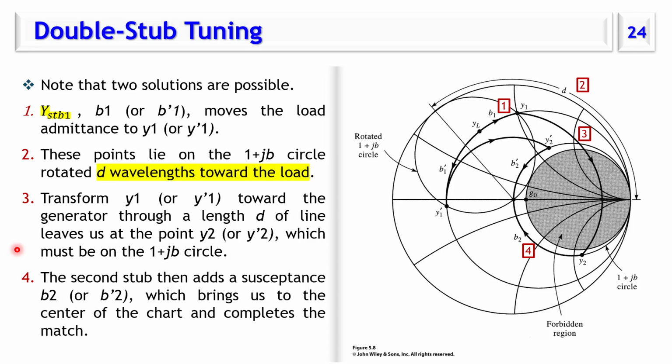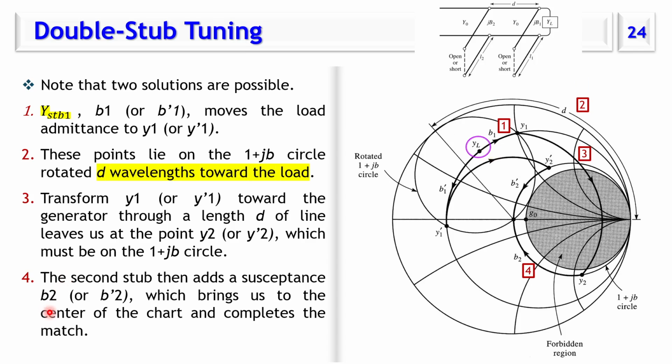Okay, so now the first step is stub number 1, which is B1. We're going to move the load admittance to Y1. The idea for the double stub matching is we first define YL. YL will be located on this circle here.